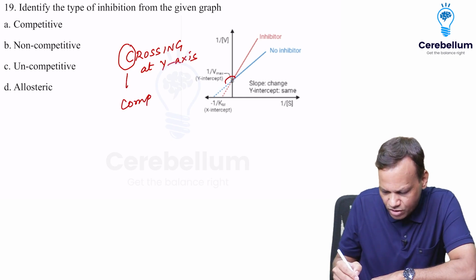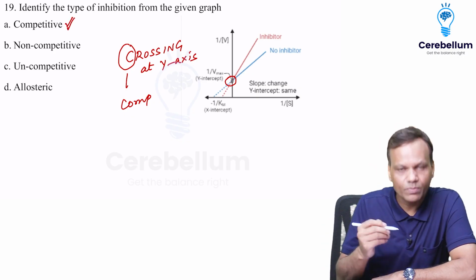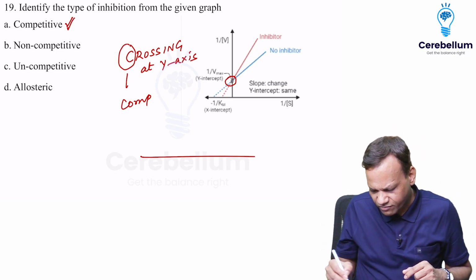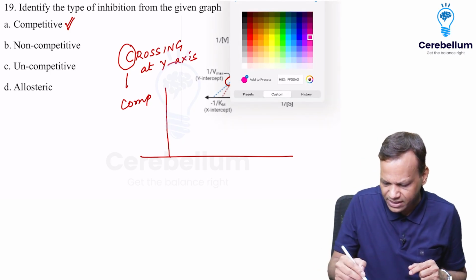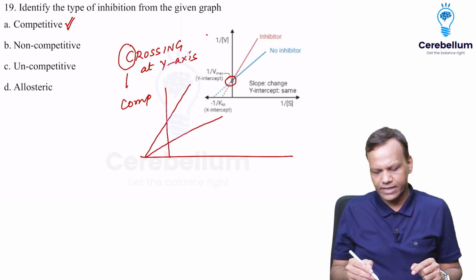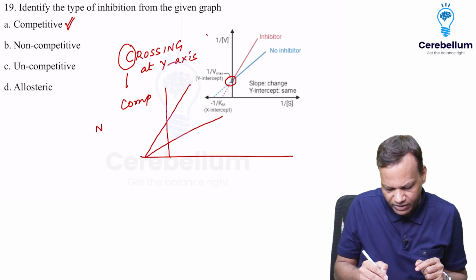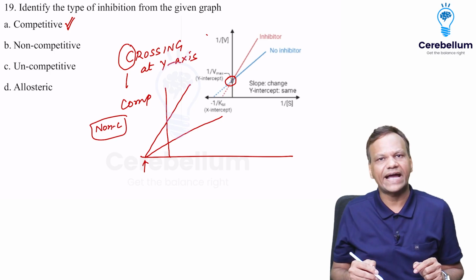So here the graph is crossing at y-axis, so it is competitive inhibition. So answer is this. But if the graphs are starting from x-axis, so one graph is going like this, one is going like this, then it will be non-competitive inhibition. So non-competitive, they start from one point on the x-axis.